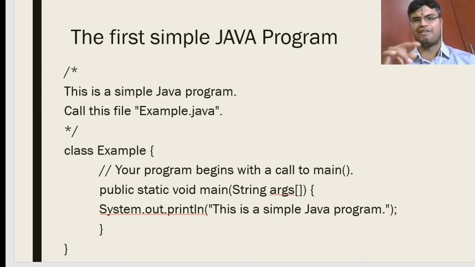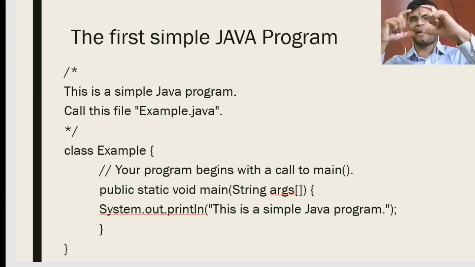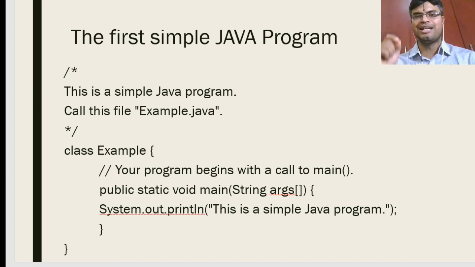In the main function, I have written String args. That args is nothing but your array. It's a string array, guys, right? That args with the square brackets is nothing but a string array, which is normally used for taking inputs directly from your command prompt.